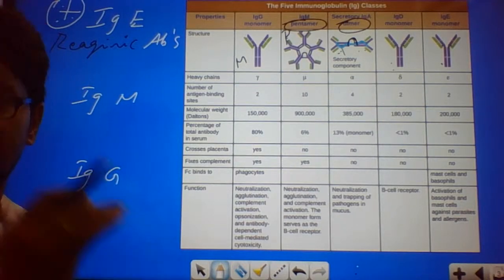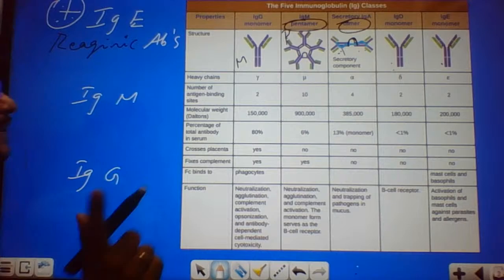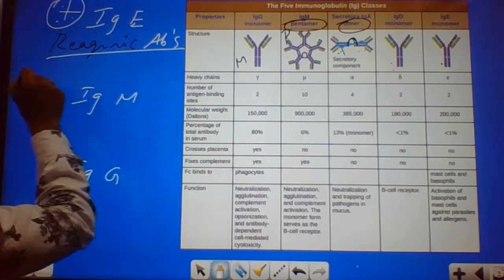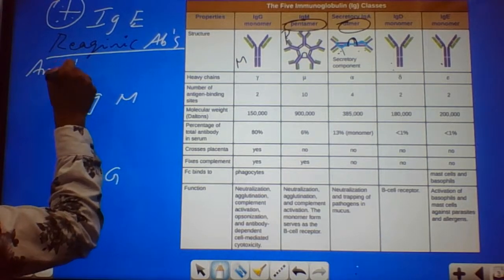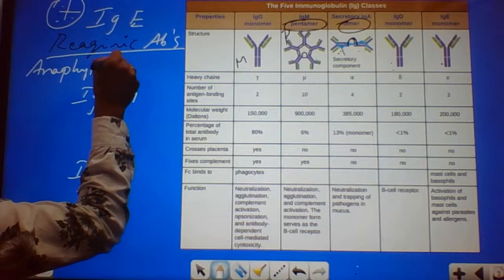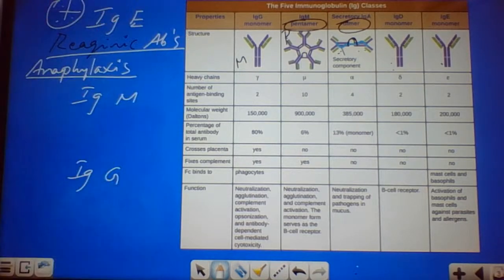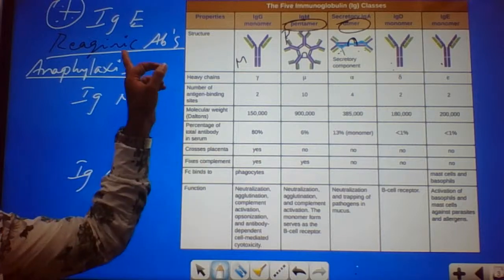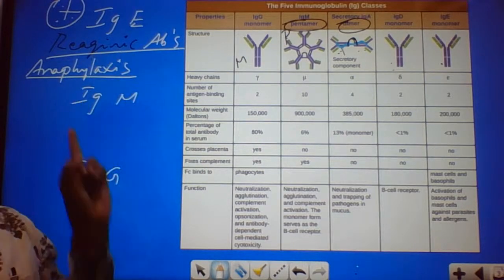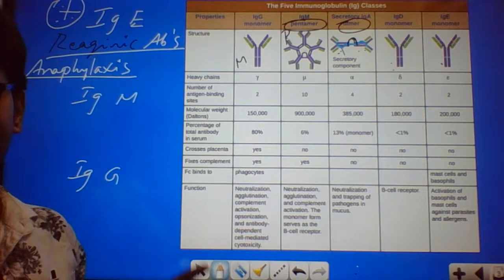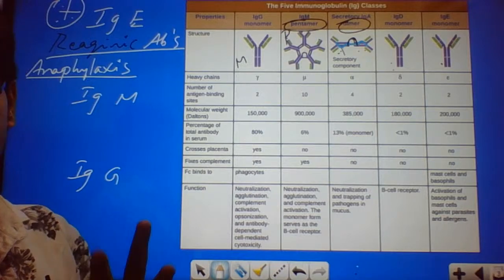Whenever any question comes on anaphylaxis, reagenic antibody, or allergy, anaphylaxis, that is type 1 hypersensitivity, related to which immunoglobulin first appears in allergy, definitely you should go with IgE, because the other name for IgE is the reagenic immunoglobulin. You should not forget that.